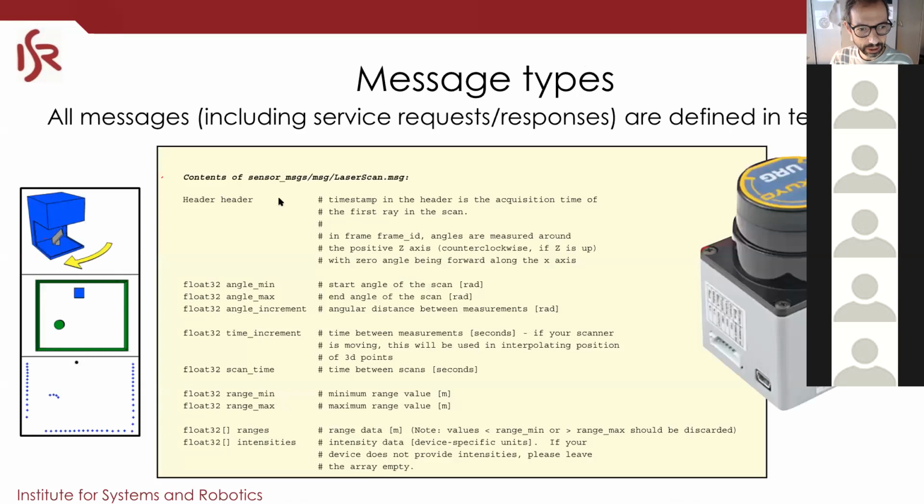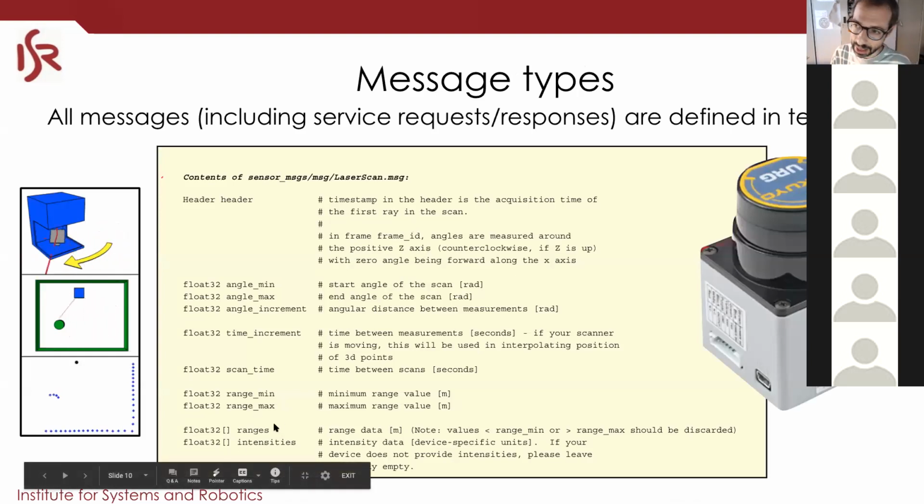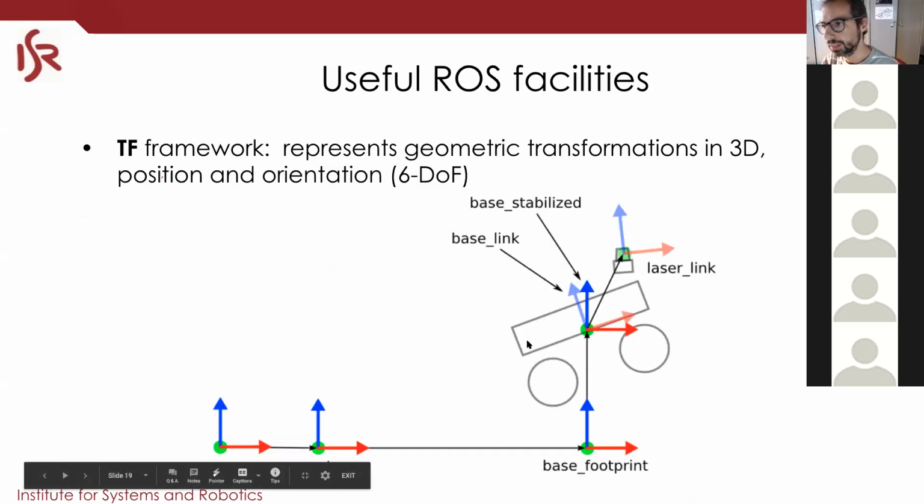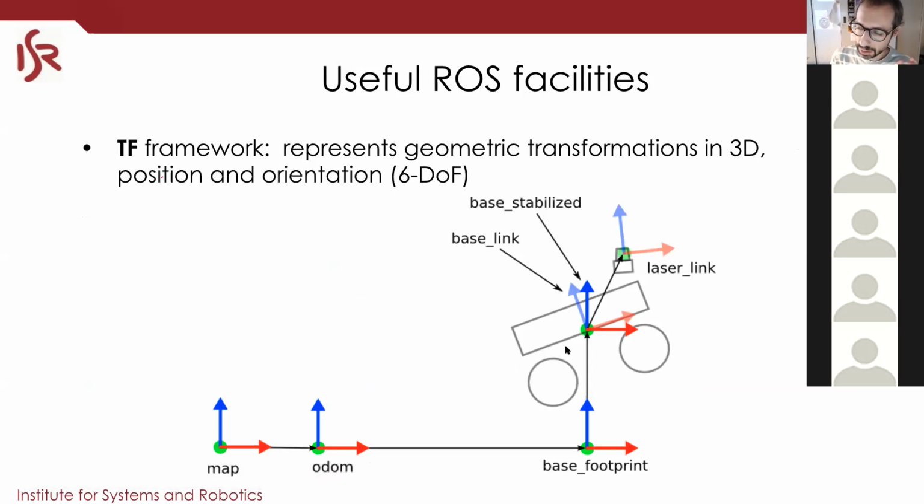So inside this header over here, you have one field called frame ID, which is where you can tell what is the frame that this range data is related to. Okay, which means that now imagine that if the laser data comes with the information of the frame, you don't need to tell the robot in any place that the laser is 10 centimeters to the right.